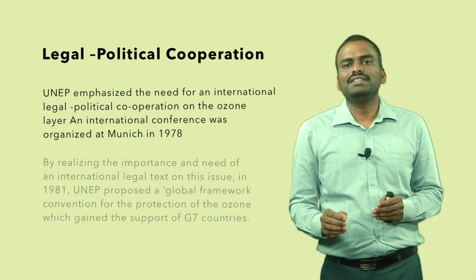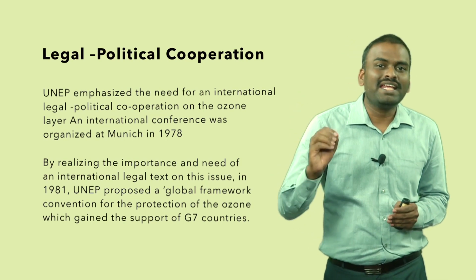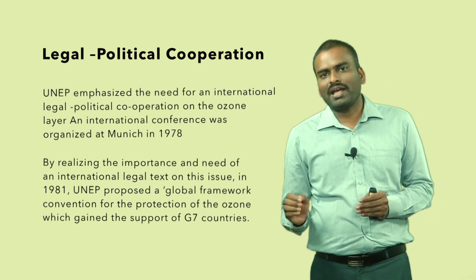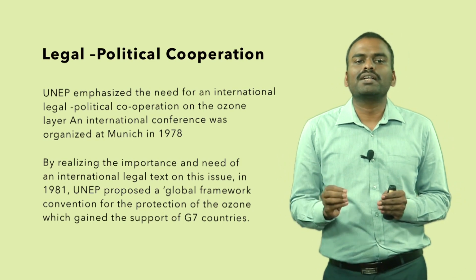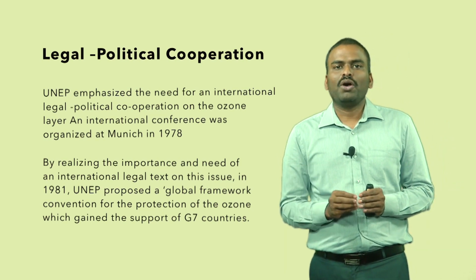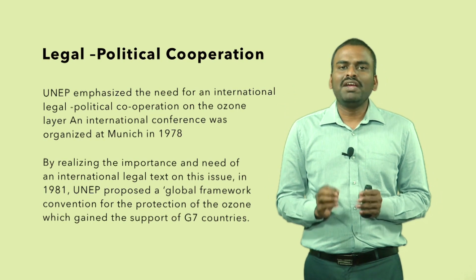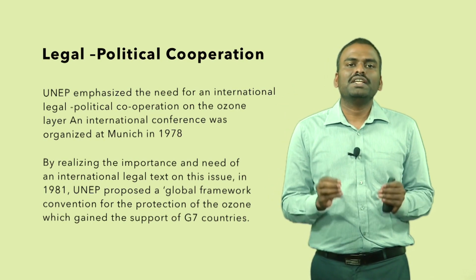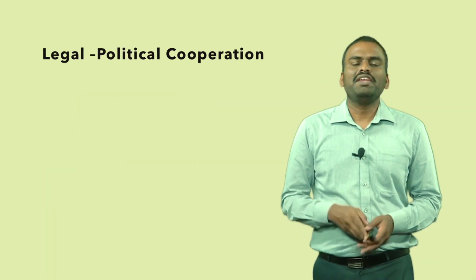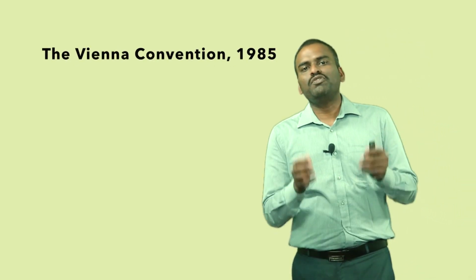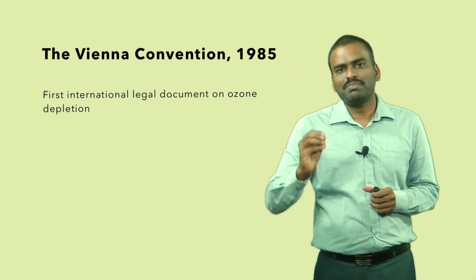By realizing the importance and the need of an international legal text on this issue, in 1981, the United Nations Environment Programme initiated the formulation of a global legal framework, that is called a convention, among the G7 nations. Finally, in 1985 the Convention on the Protection of the Ozone Layer, which is in short identified as the Vienna Convention, was formulated. The Vienna Convention 1985 is the first international legal document which addresses the ozone depletion problem.